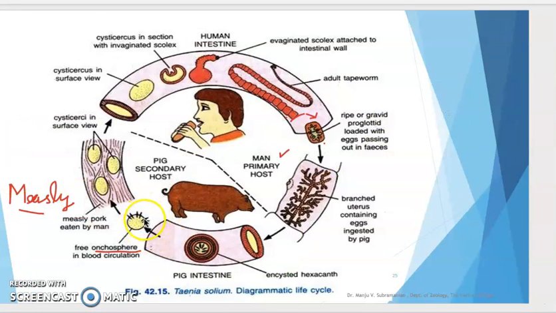Here you can see the hooks and the suckers. The outer covering gets dissolved and the hooks become visible, and with the help of these hooks and suckers they cling to the wall of the intestine, and then it buds off a chain of proglottids and is transformed into the adult tapeworm. That is how the transmission occurs from a pig, which is a secondary host, back into the primary host. That is the path of transmission.